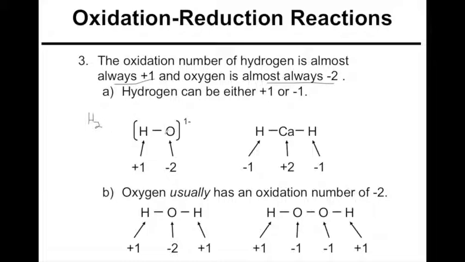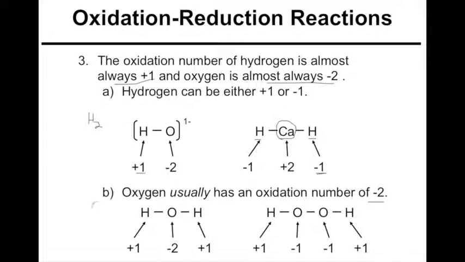But anytime hydrogen is part of a compound, it's going to have an oxidation number of +1. The only exception to that is when hydrogen is bonded to some metal cation. In that case, when hydrogen is bonded to some metal cation to form an ionic compound, its oxidation number is -1.